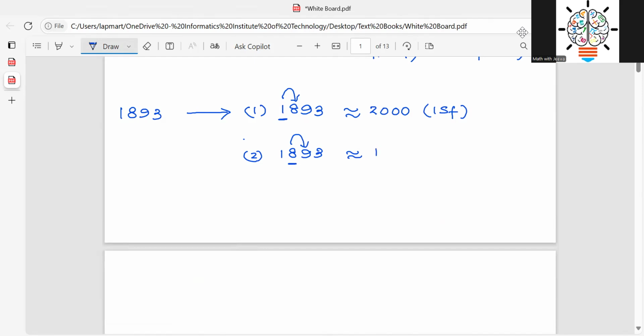So that becomes 1900. The rest of the digits will be 0, and here you write 2SF. And then the third one, let's say 1893. You look at the third significant figure and look at the next number. Do I need to add anything here? No, because it is less than 5.